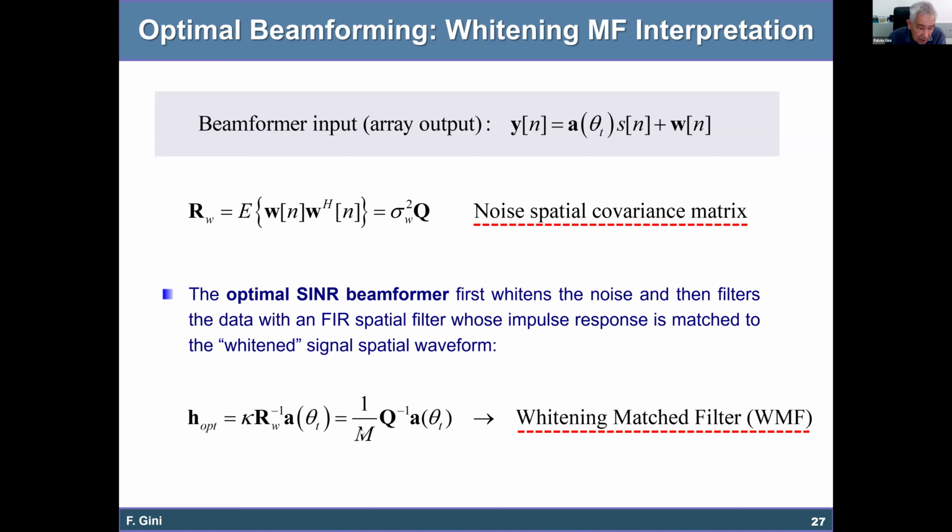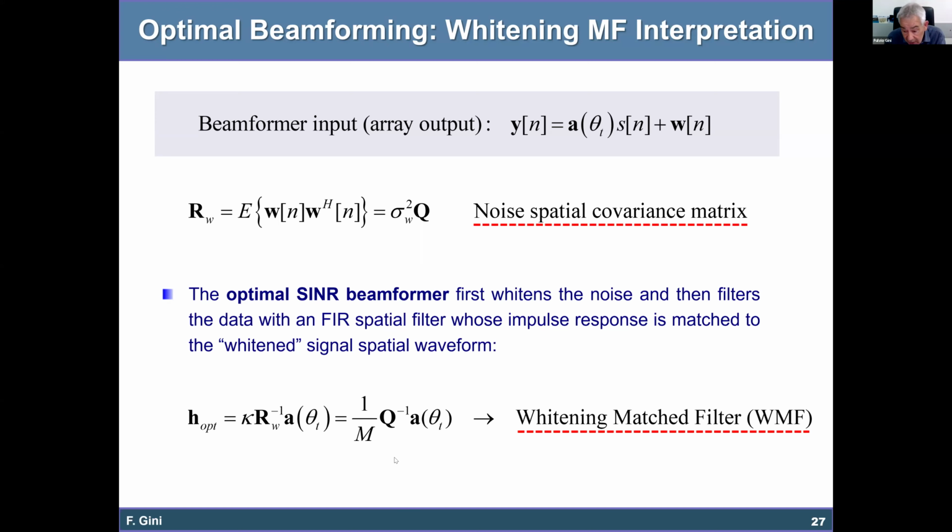Or, I mean, you can write R_W as sigma_W squared times Q. And so you can express the optimal clairvoyant beamformer in this way. There is one constant, for example, 1 over m. Then we have the inverse of the normalized disturbance correlation matrix that multiplies the array response. So the difference is here, in the presence of the inverse of Q.